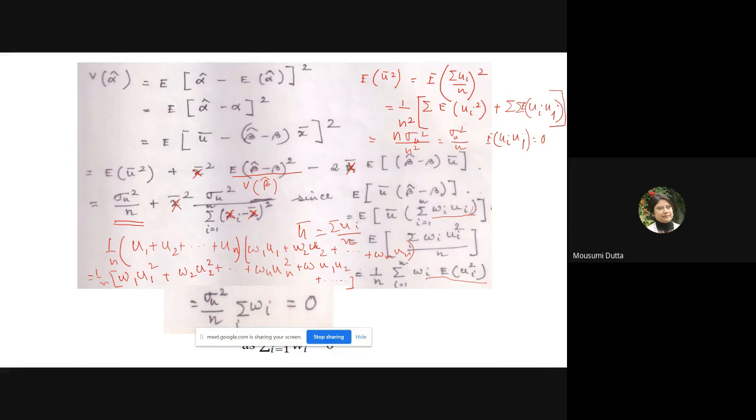So you are getting summation wi ui square, and there are several other elements too.